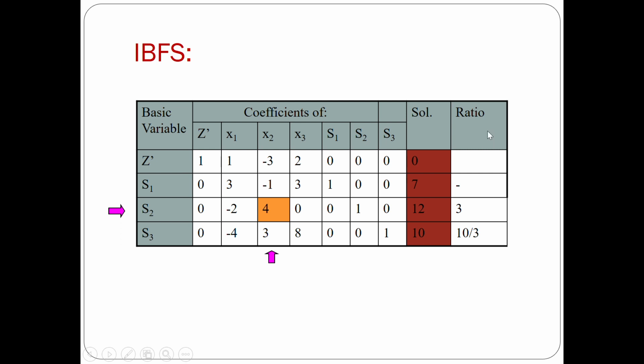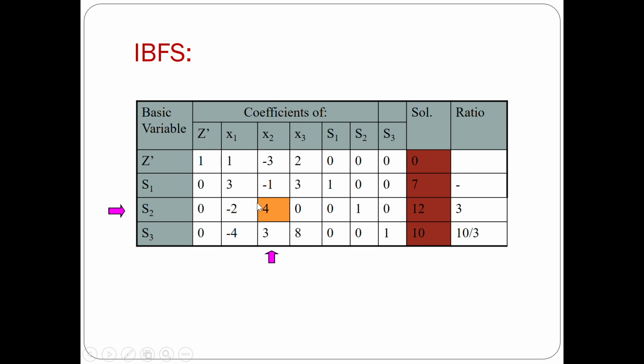After calculating the ratios, we have to choose the minimum non-negative ratio among these two. Minimum non-negative ratio is 3. So the corresponding row is called the key row, and this is the intersecting element.